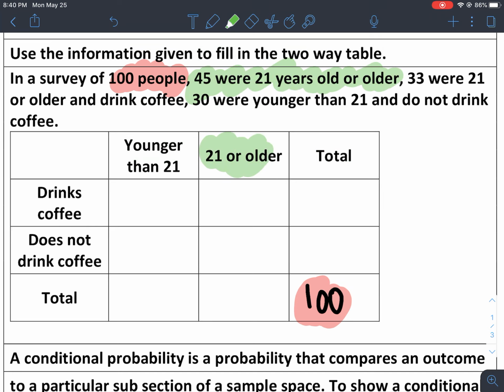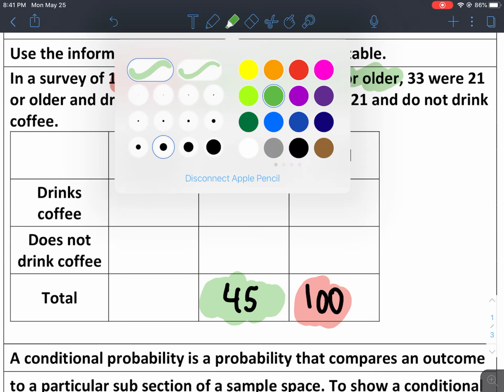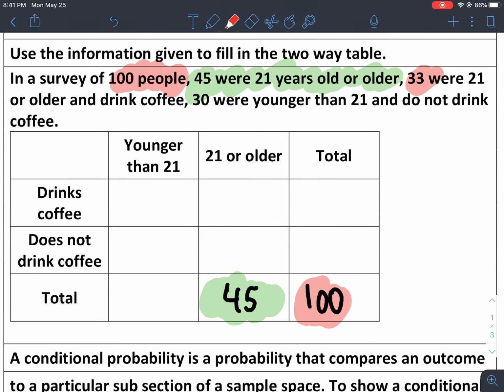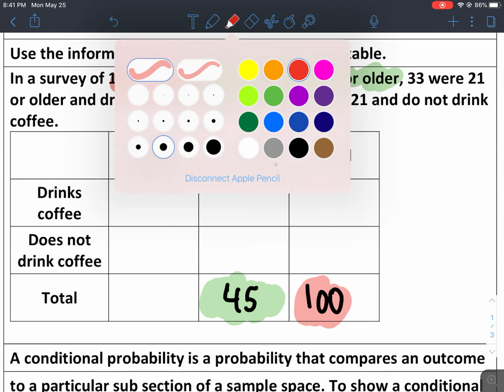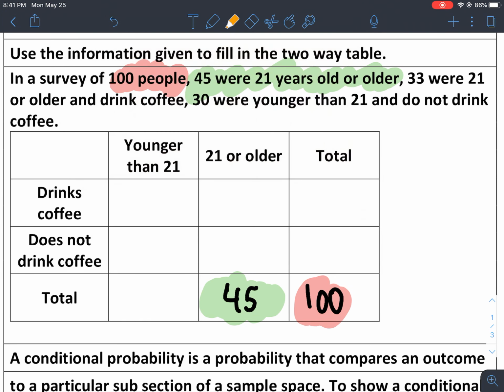So I'm going to look at the 21 or older section, and I'm going to look at the total. So the total is going to be 45. 33 were 21 or older and drink coffee.